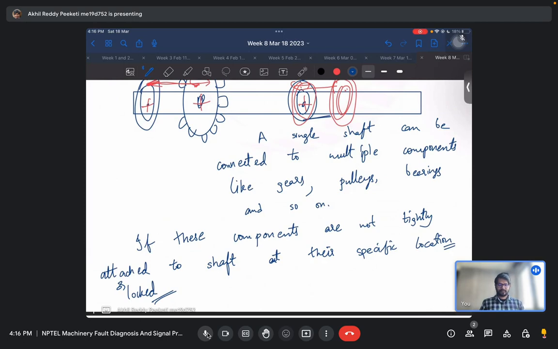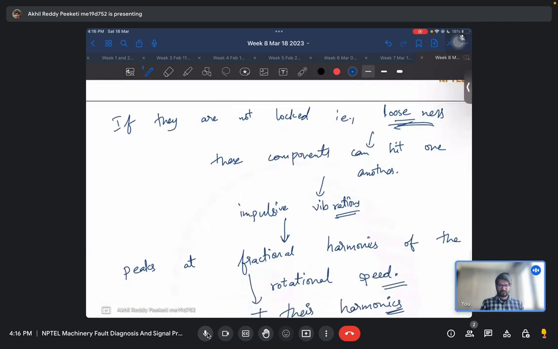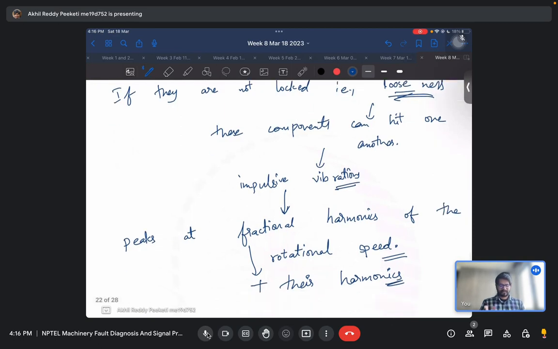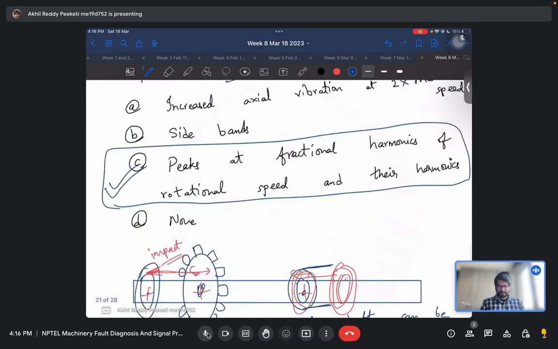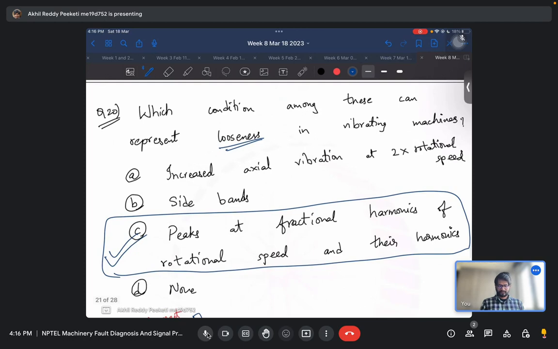Because of that, they can generate impulse vibrations, and these impulse vibrations usually occur at fractional harmonics of the rotational speed and their harmonics. So peaks at fractional harmonics of rotational speed and its harmonics is how you can identify looseness.